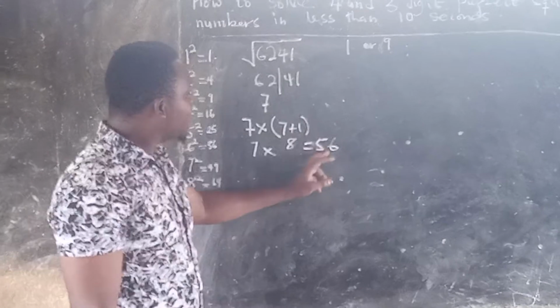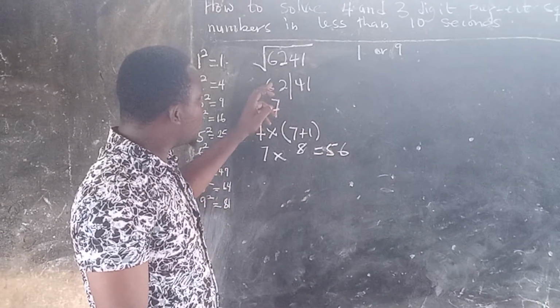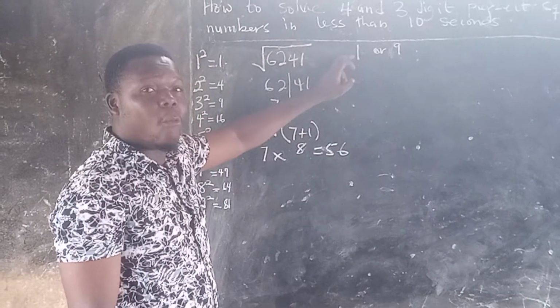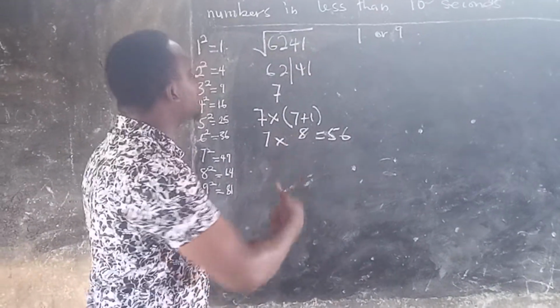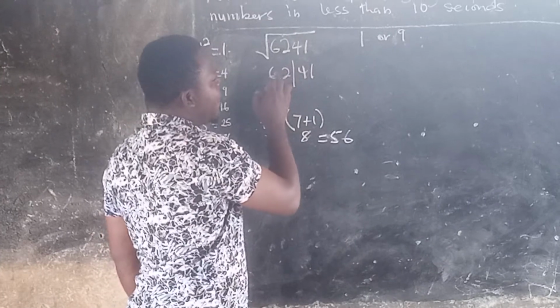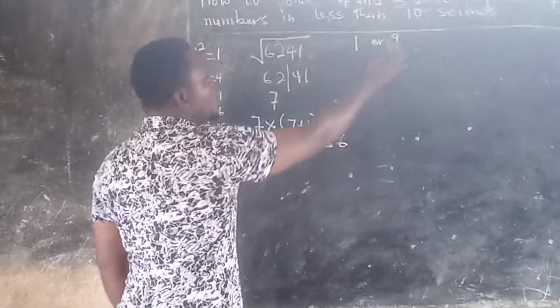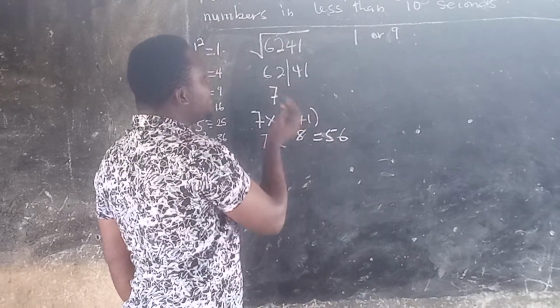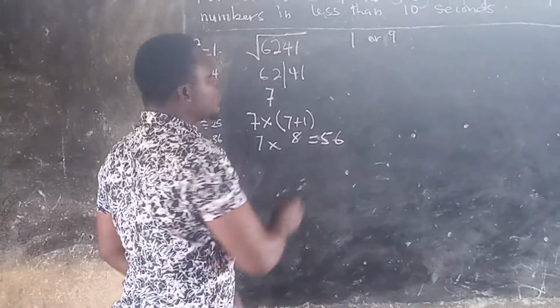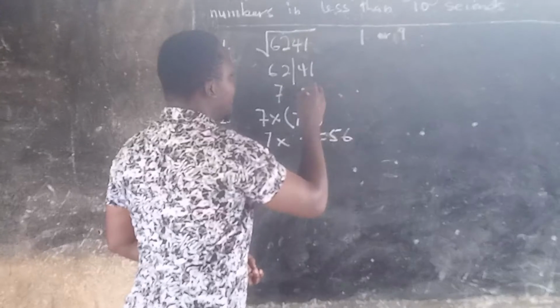And when 56 is bigger than 62, then you choose 1. So here you can see that 62 is greater than 56, so we choose 9.